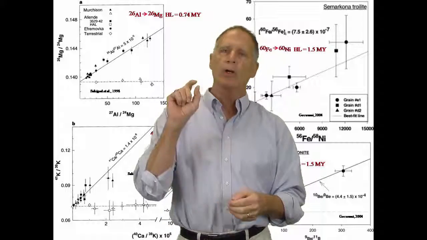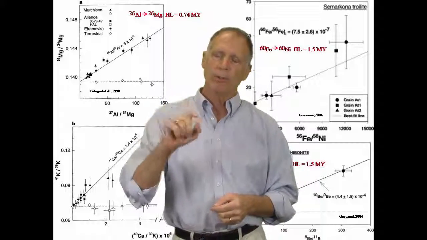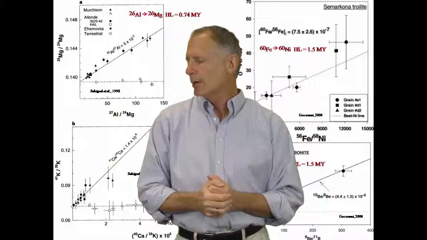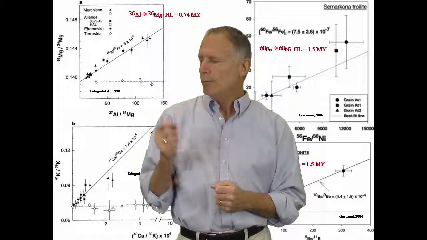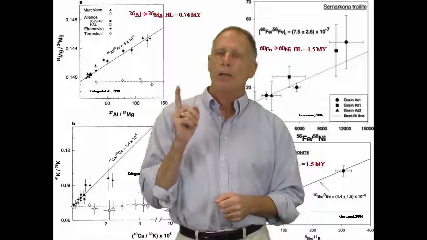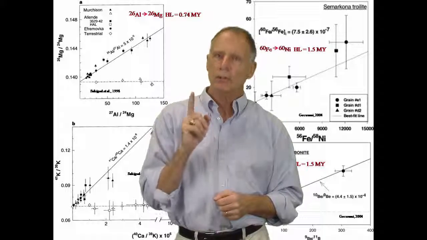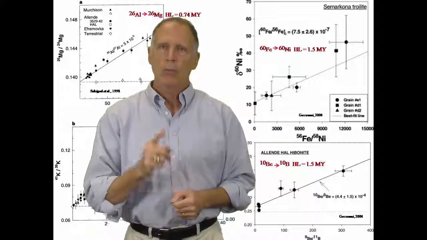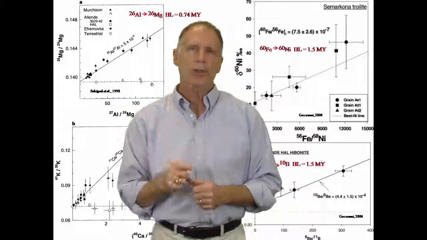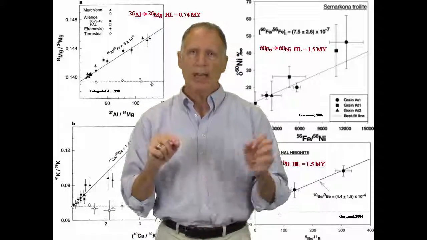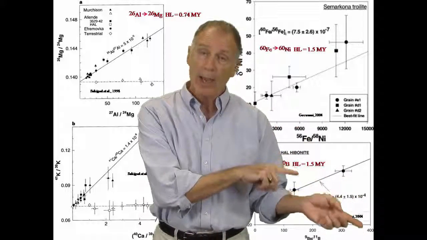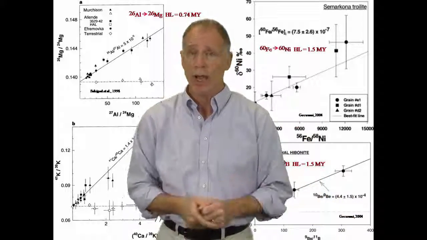It comes from, let's go back to those calcium aluminum inclusions that we talked about earlier when we were talking about meteorites. Those calcium aluminum inclusions are enriched in some important elements, isotopes in particular. And we see that they're enriched in isotopes that decayed from other radioactive isotopes that had very short half-lives.